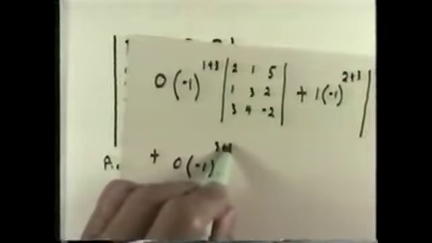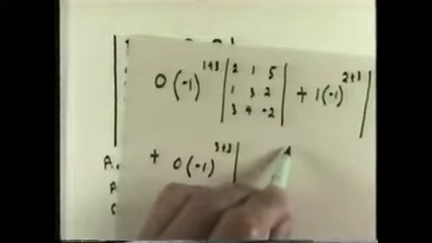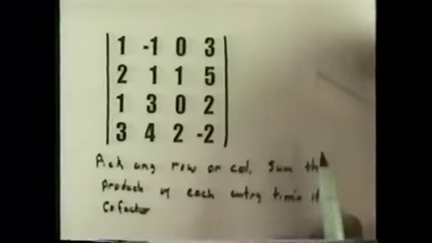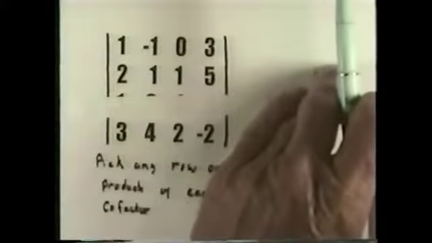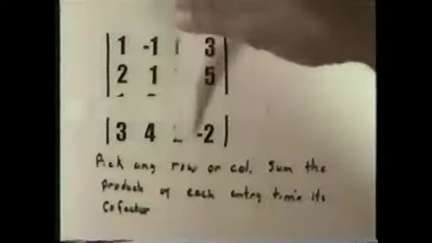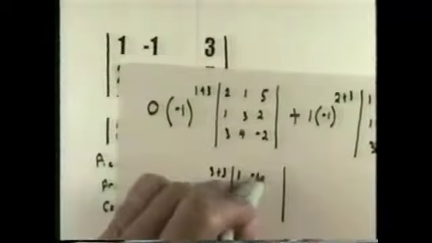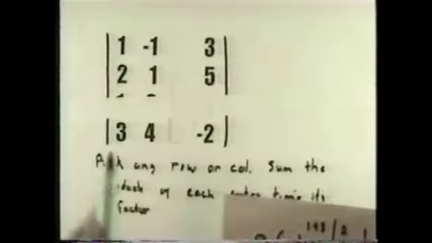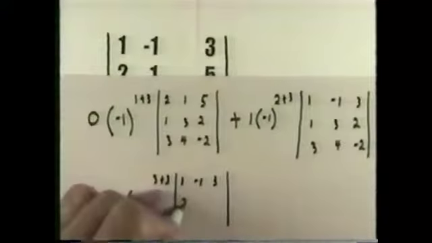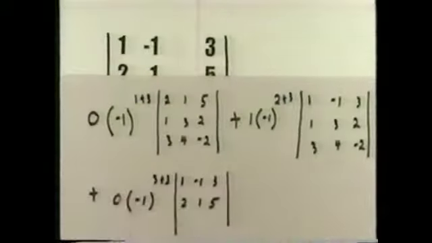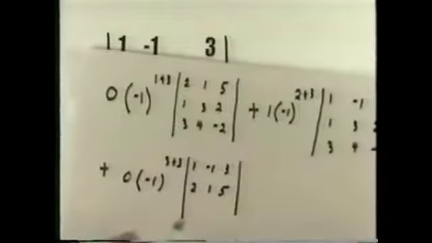So that would be 3 plus 3, times the minor, which would be the determinant with row 3 and column 3 removed. So it'll be 1, -1, 3, 2, 1, 5, 3, 4, -2.